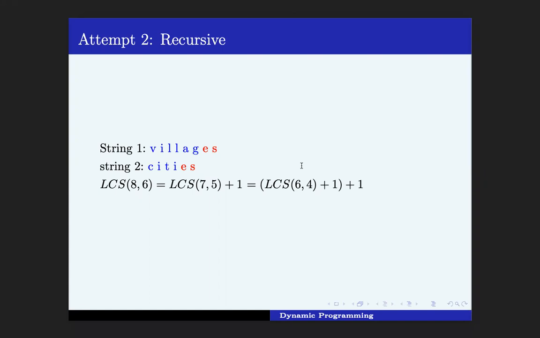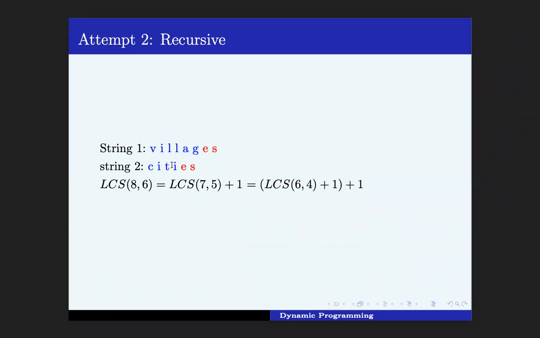Now what about after that? Now there is some problem. Let's look at LCS of 6,4, the LCS of VILLAG and CITI.